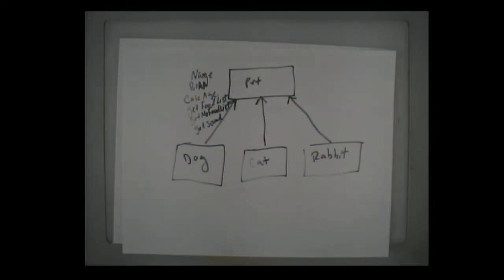So in other words, people have dogs, cats, rabbits. And yes, those are all pets, but no one only has a pet, and that's the end of it. That is known as an abstract class when you define that. And what is true of an abstract class? It means that you cannot create an instance of it.